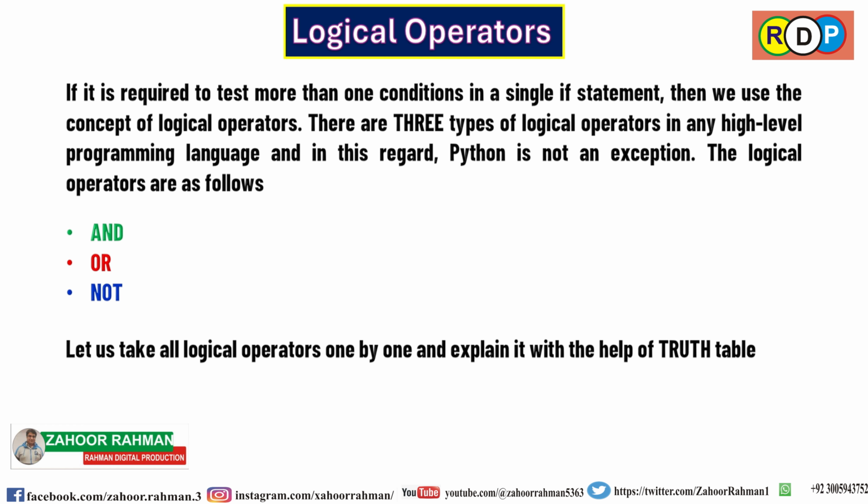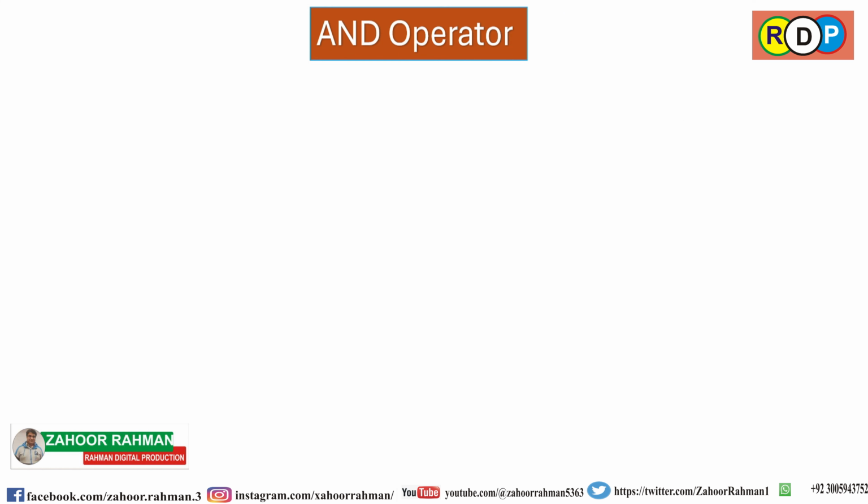Let us take all logical operators one by one and explain them with the help of truth tables. So in this regard, we are taking the first one as the AND operator. If we want to test two or more than two conditions in a single if statement, then AND plays a vital role. Gentlemen, I told you that an expression always returns a single value.